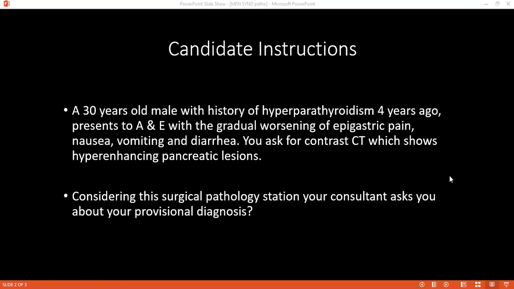What test would you do to confirm your diagnosis for MEN2? To confirm the diagnosis, I will go with the urinary metanephrine levels, and further I can go with the blood levels of epinephrine and norepinephrine.